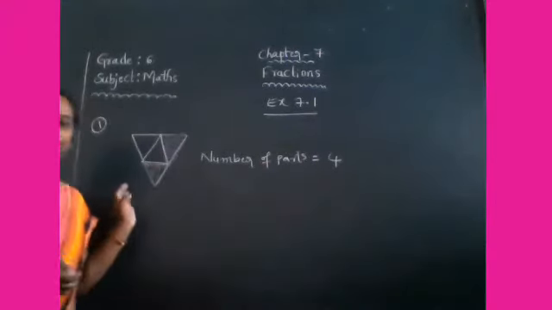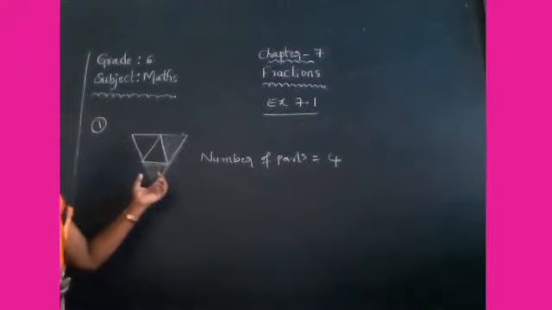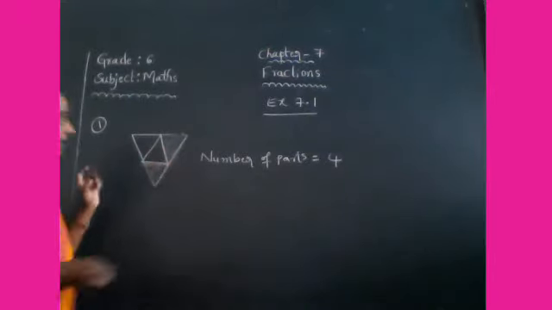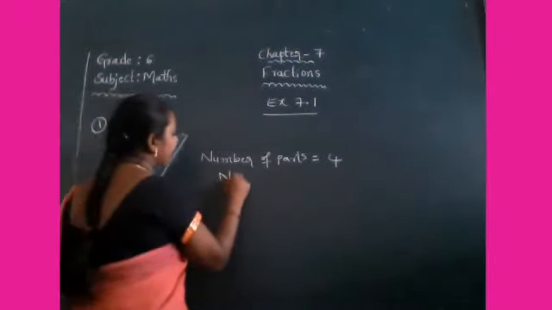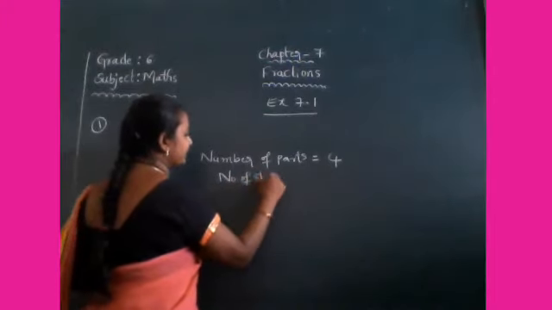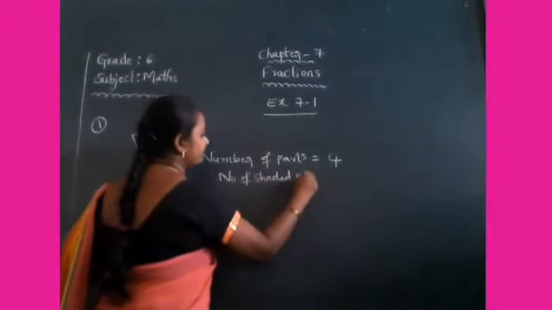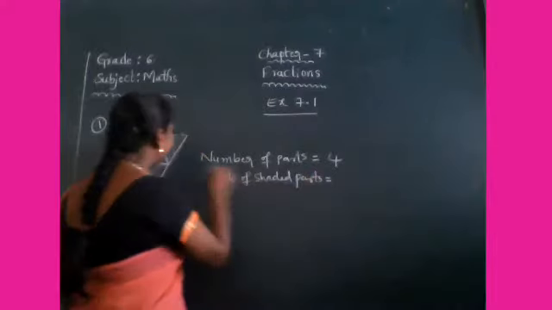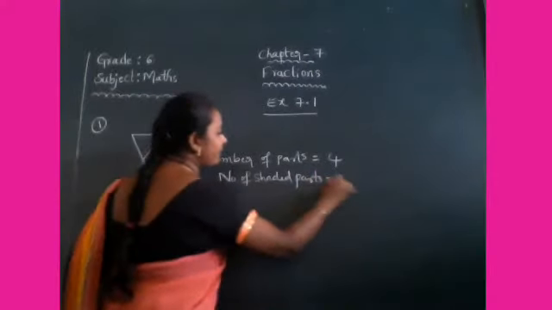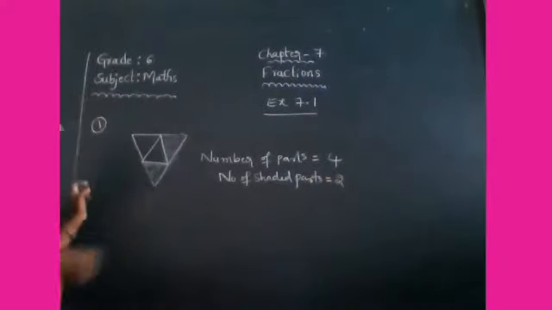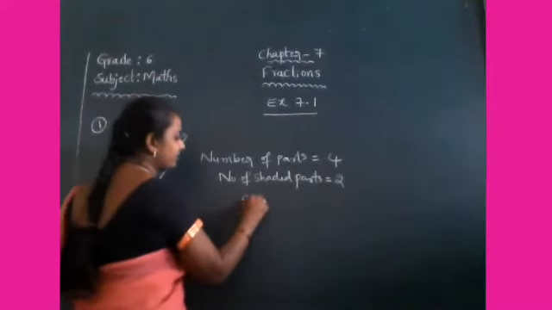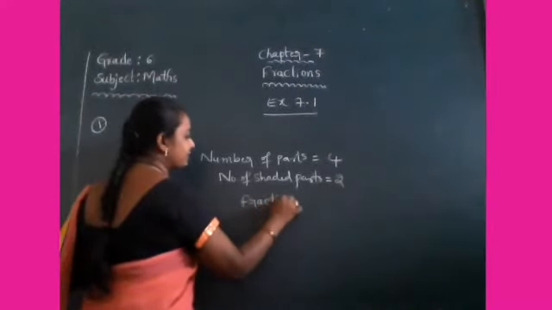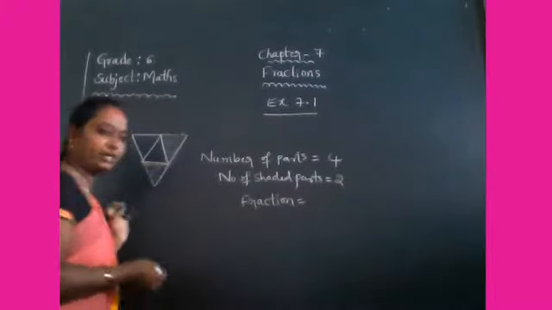And next, what did I say? The number of shaded parts, the shaded portion. How many parts are shaded here? 2. Now we have to write the fraction. So the fraction is equal to numerator by denominator.